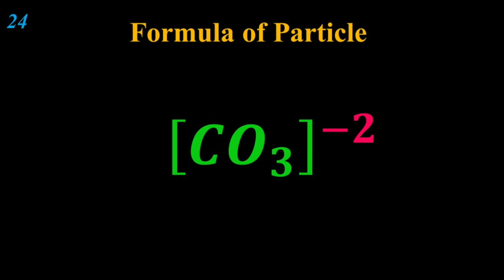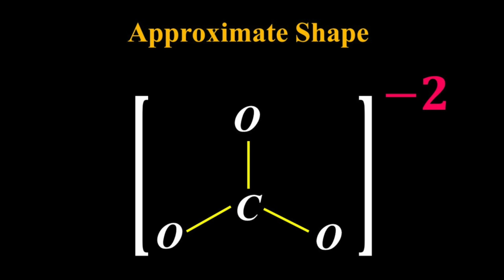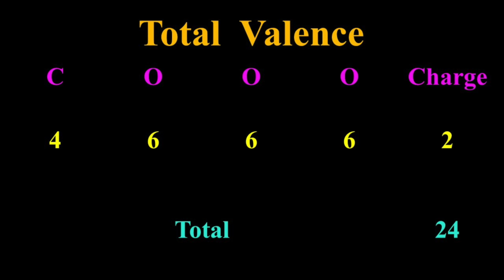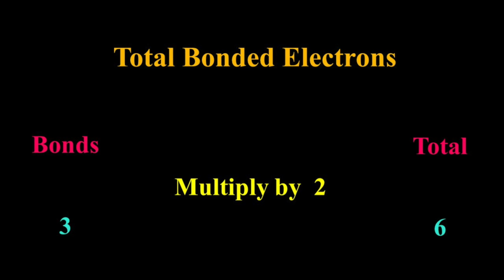Okay, let's look at carbonate, -2 charge. All right, so we'll write that as a trigonal planar particle, -2. And that gives us 24 electrons. 24 electrons, 3 bonds multiplied by 2.